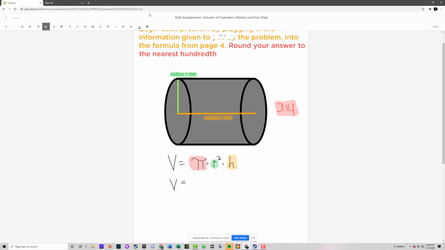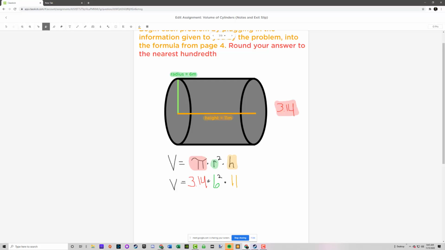So I'm going to try and keep it color-coded for now: 3.14 times 6 to the power of 2 times the height, which is 11. Now we've got everything plugged in. We know the volume is going to be equal to all of this.